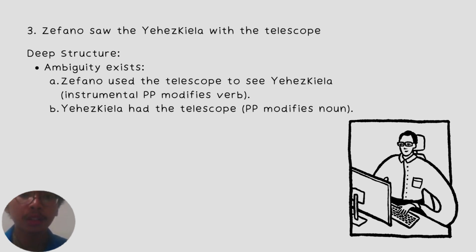In the deep structure of this sentence, there is ambiguity. The first reading is Stefano used the telescope to see his killer. This is an instrumental prepositional phrase that modifies the verb. And then the second one is his killer had the telescope. The prepositional phrase modifies the noun.